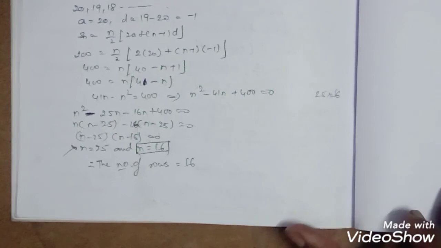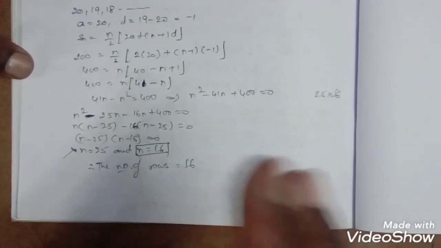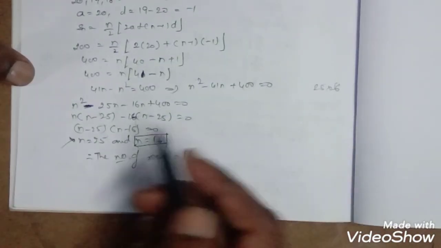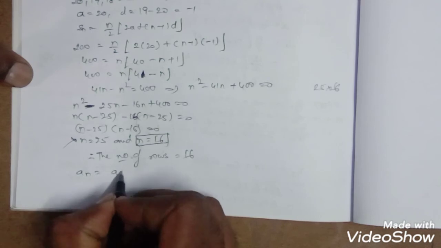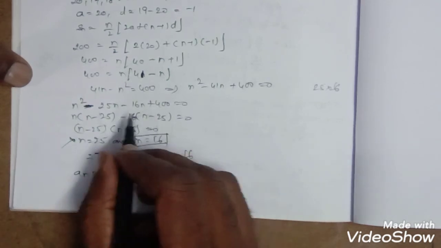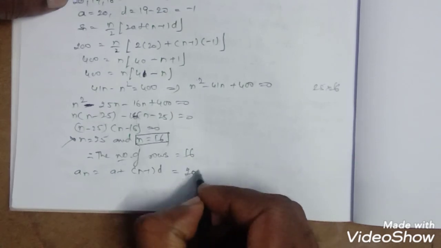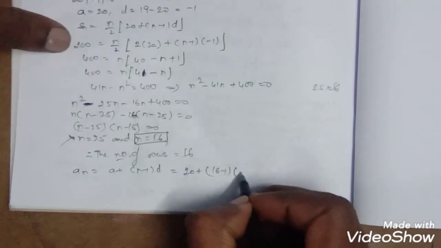Now after finding the number of rows, you have to find how many logs there are in the last row or first row, right? So for that you are taking the formula an is equal to a plus n minus 1 into d, where a is nothing but 20, n is nothing but 16, minus 1, d is nothing but minus 1.